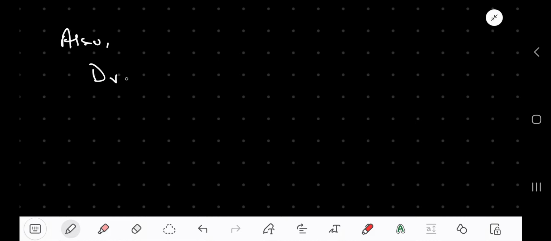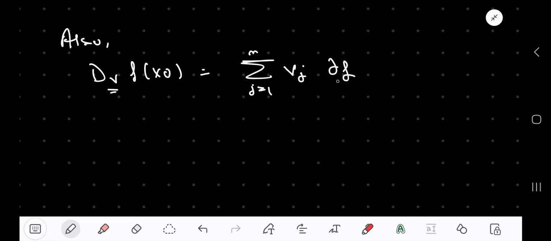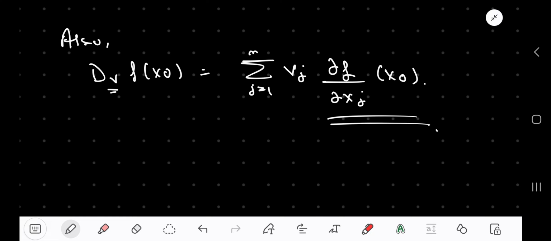We can say the directional derivative of f in the direction of v at x0 is nothing but the linear combination, where the coefficients come from the coordinates of this vector v, j equal to 1 to n, times the directional derivatives of f at x0 in each of these j directions, right? Thus the directional derivatives can be completely characterized using the partial derivatives.